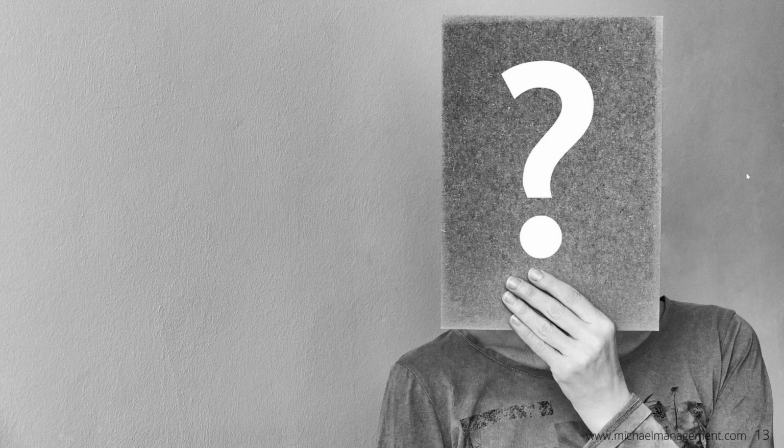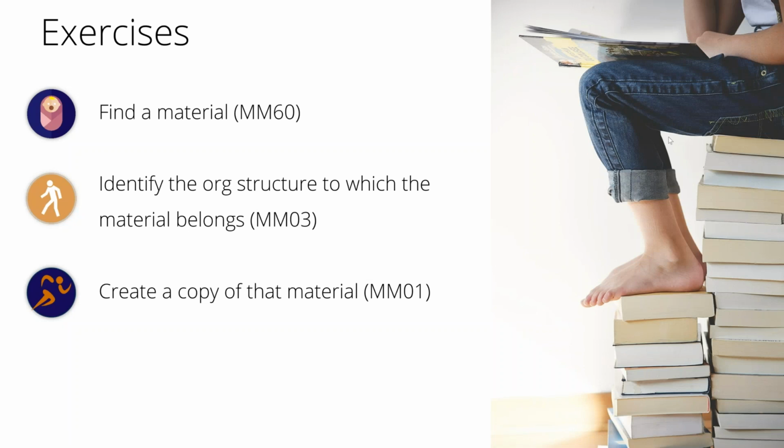In the meantime, I don't want to sit here in silence, so I'm going to let you know that I have some exercises. If you are stuck, you have access to the system, and you really don't know where to even start, I have beginner exercises, intermediate exercises, and advanced exercises.